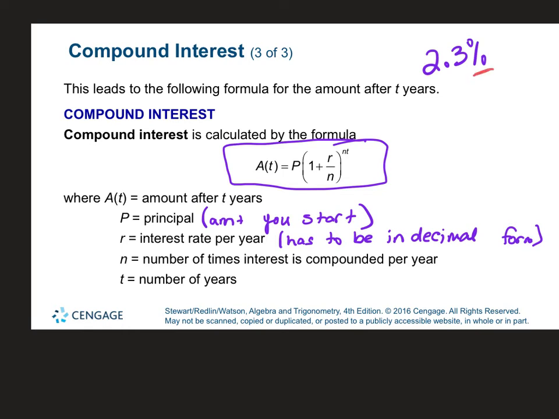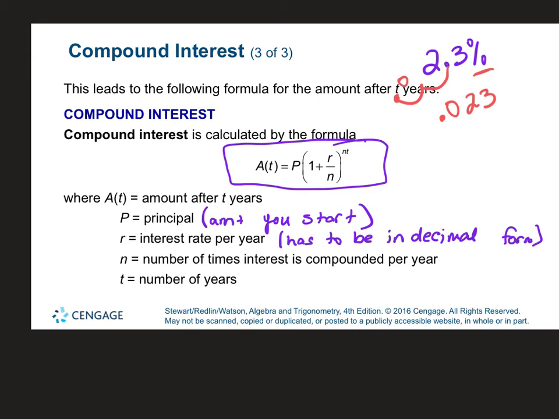No, it's in percentage form. How do you change from a percent to a decimal? You go over 2 places. So 2.3% as a decimal is actually 0.023. Makes a huge difference when you plug it into a formula. So make sure you guys pay attention to that. Time, T, is just the number of years. So, I mean, that's very self-explanatory.